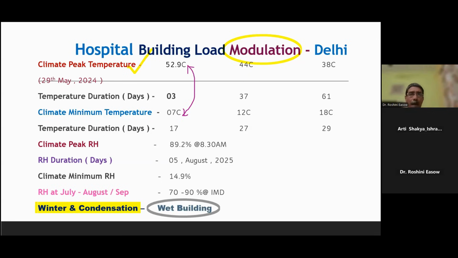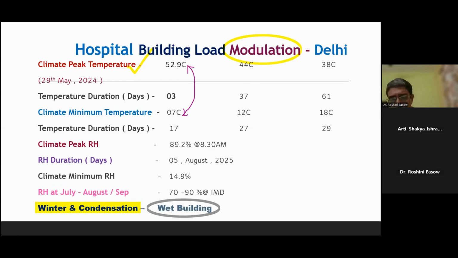Now, if I compare this with the same realistic chart of 2025, one is a hospital and another is an office building. As a consultant, he has to take a call. What peak temperature will I take? Will I go for 52.9 or will I take 44 degrees centigrade, which goes for 37 days? This is a very, very critical decision to be taken.